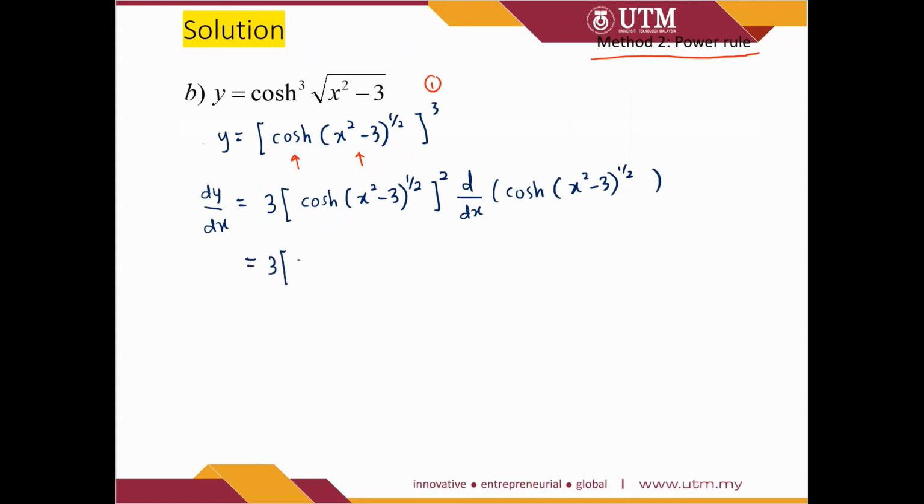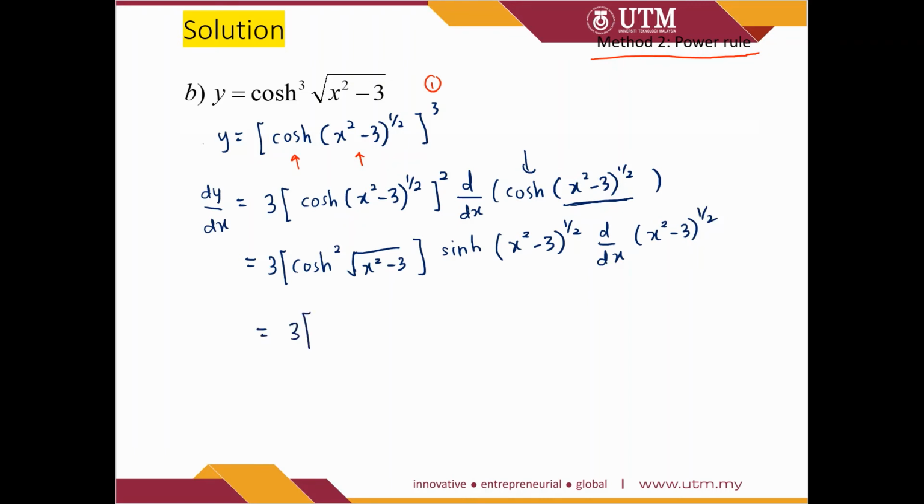So I just write it as this. Now we have to differentiate cosh, which would be sinh of x squared minus 3 to the power of half, where I just keep the inner function. But then we have to differentiate again the innermost function, which is x squared minus 3 to the power of half.